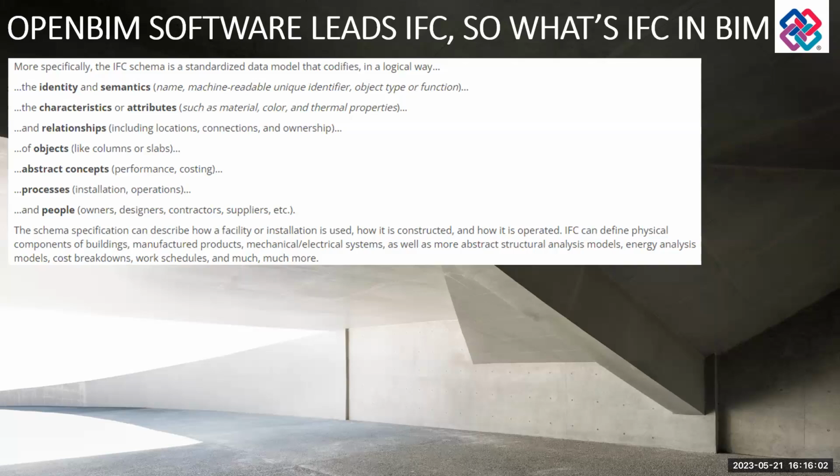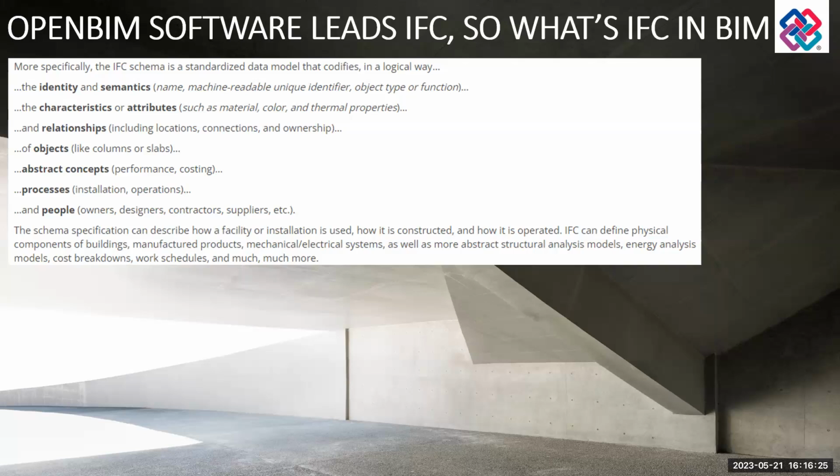This is a massive advantage, because it allows you to use the best software for each task without worrying about compatibility issues. What does this all mean for you? It means that if you want to be part of the future of design and construction, you need to start learning about IFC, BIM and OpenBIM.